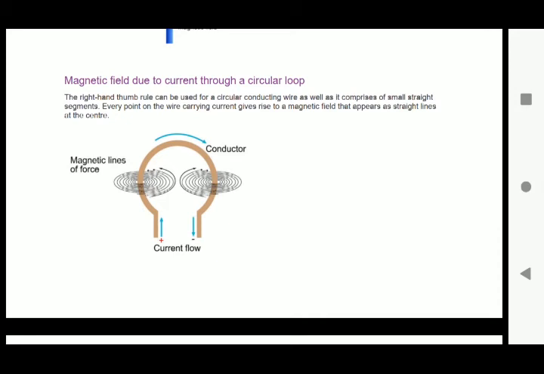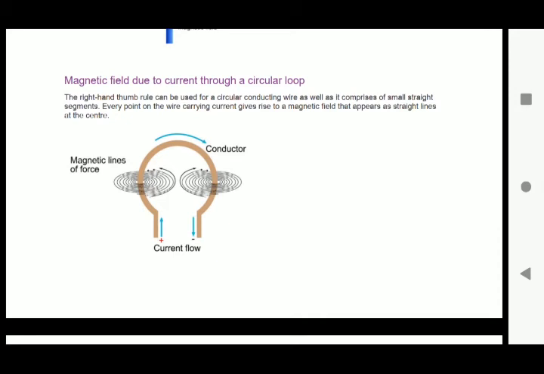As we move away, the concentric circles representing magnetic field lines become bigger and bigger. At the center of the circular loop, the magnetic field lines are straight. The magnitude of magnetic field produced by a current carrying circular loop at its center depends upon two factors.